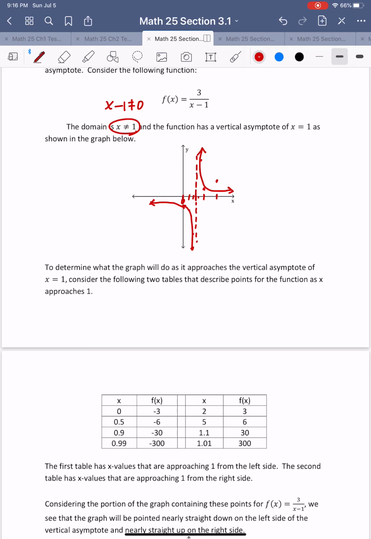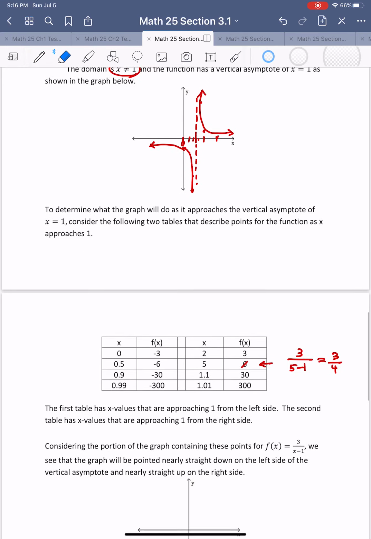I don't think this is true. I think this is 1, right? So if you plug in 5, 3 over (5 minus 1) is actually 3/4. I don't know how we got the 6, which is down here. So it can't be this one, okay? So let me erase this one. Sorry about that. Yeah, so this kind of graph we'll get.